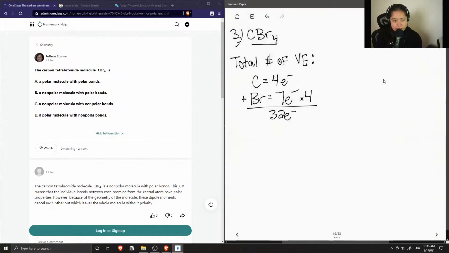So carbon will most likely be our central atom, and we can draw 4 single bonds to our bromines. Okay, so this is a skeletal structure, and I can now add the lone pairs that our bromine atoms will have.